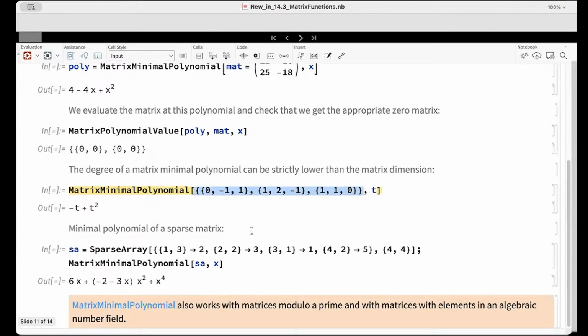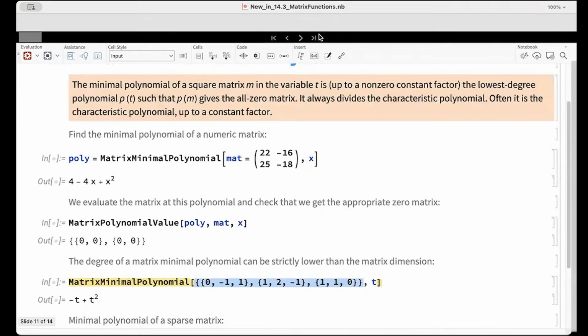So it is strictly smaller than the characteristic polynomial, and one can check it divides the characteristic polynomial. A nice thing is that we can work with matrices modulo a prime and with matrices containing elements that live in an algebraic extension field. So that's a kind of nice thing to be able to do sometimes.